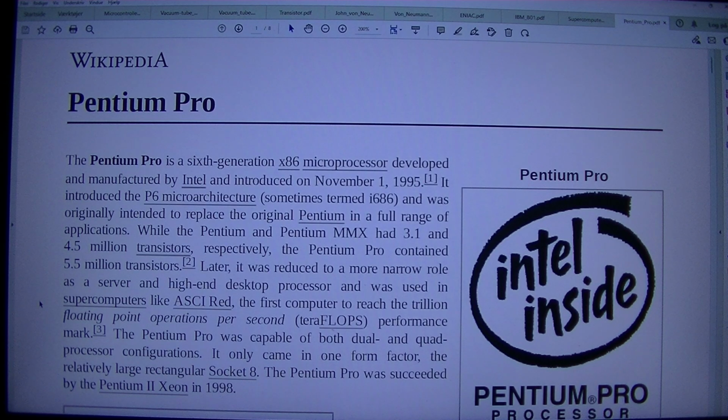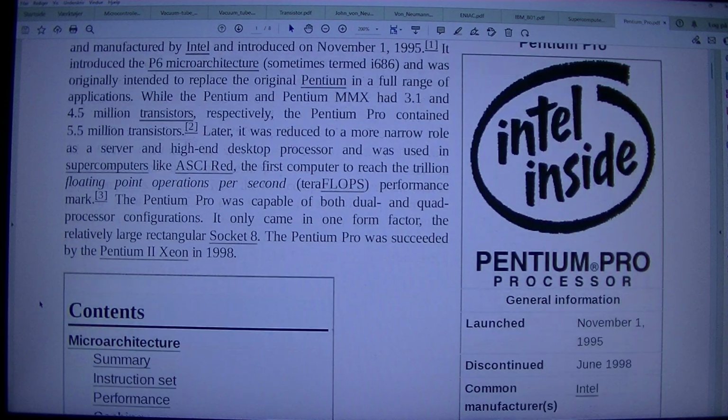The Pentium Pro was capable of both dual and quad processor configurations. It only came in one form factor, the relatively large rectangular Socket 8. The Pentium Pro was succeeded by the Pentium II Xeon in 1998.